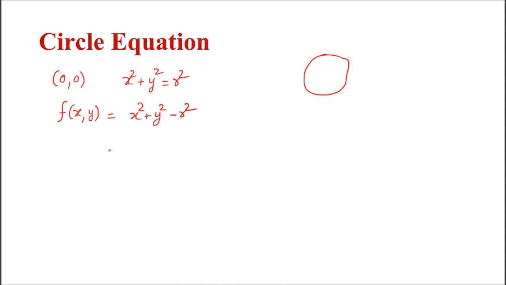So the value of f of x y will be 0 if x y is on the circle. Suppose x y is inside the circle, it means this value will be less than r square, so the quantity will become less than 0, meaning negative, if x comma y is inside.